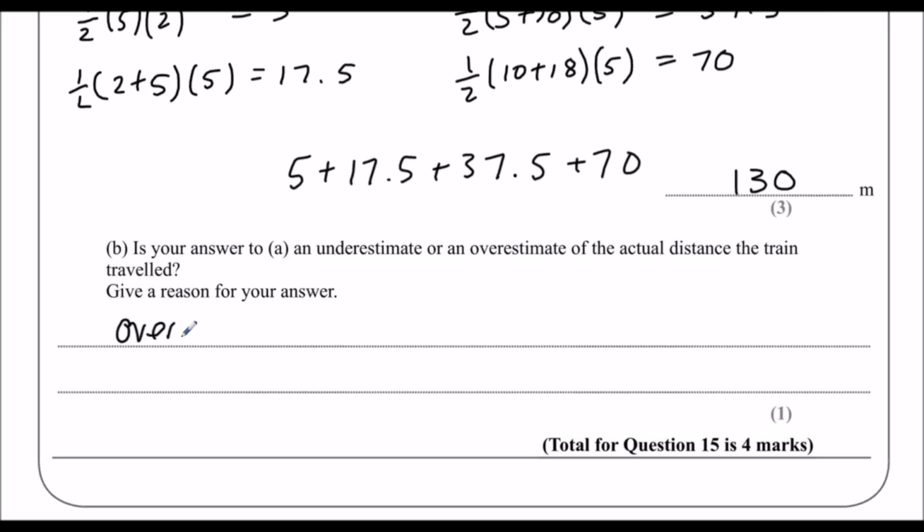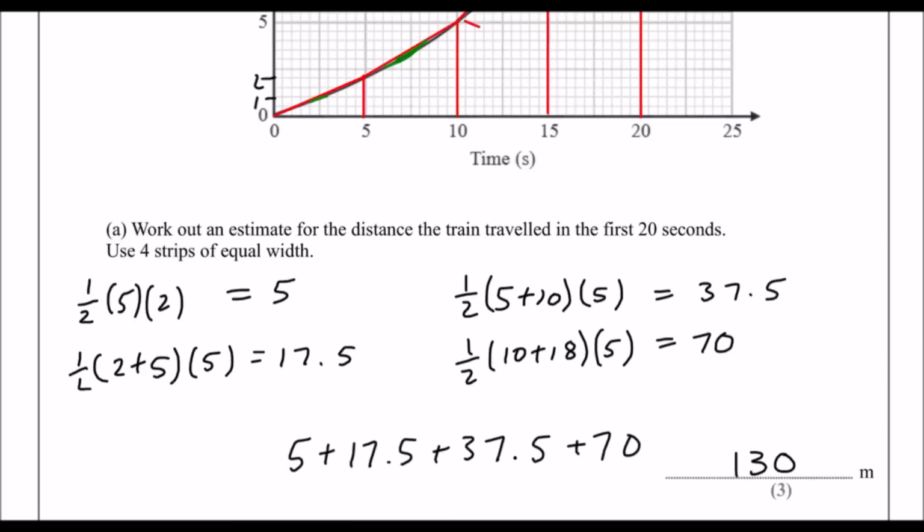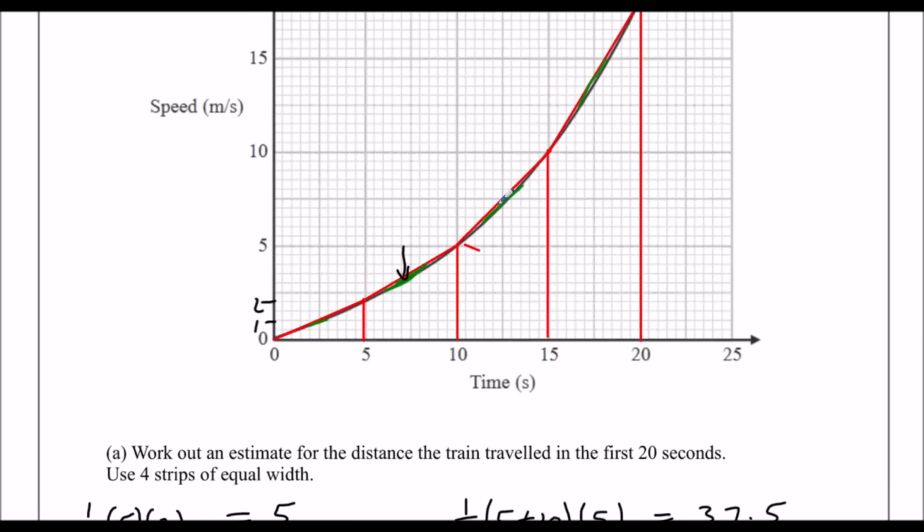So it's an overestimate. The area under the trapeziums is greater than the area under the curve, so we've got extra areas here.